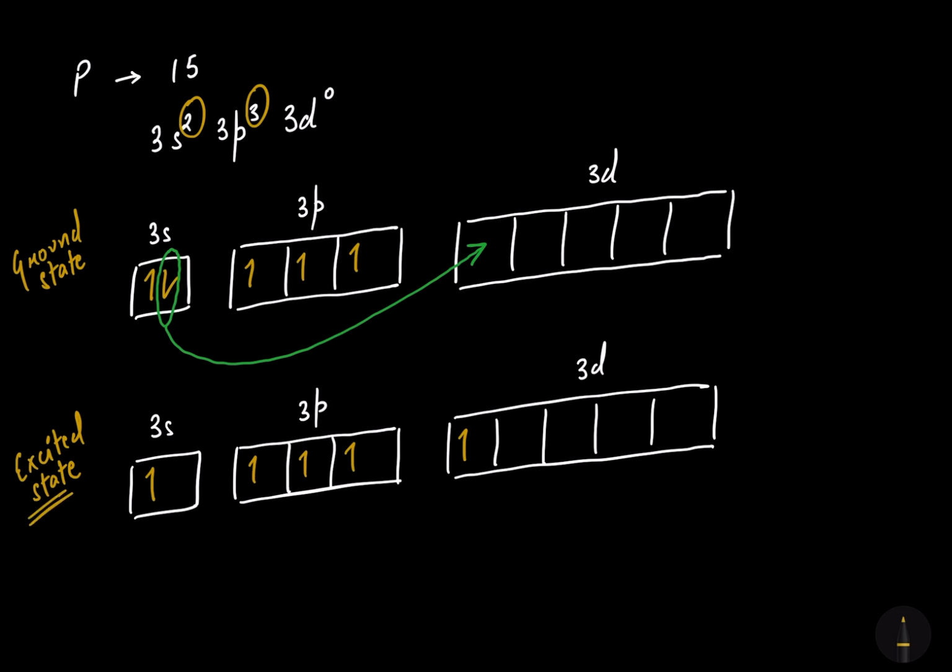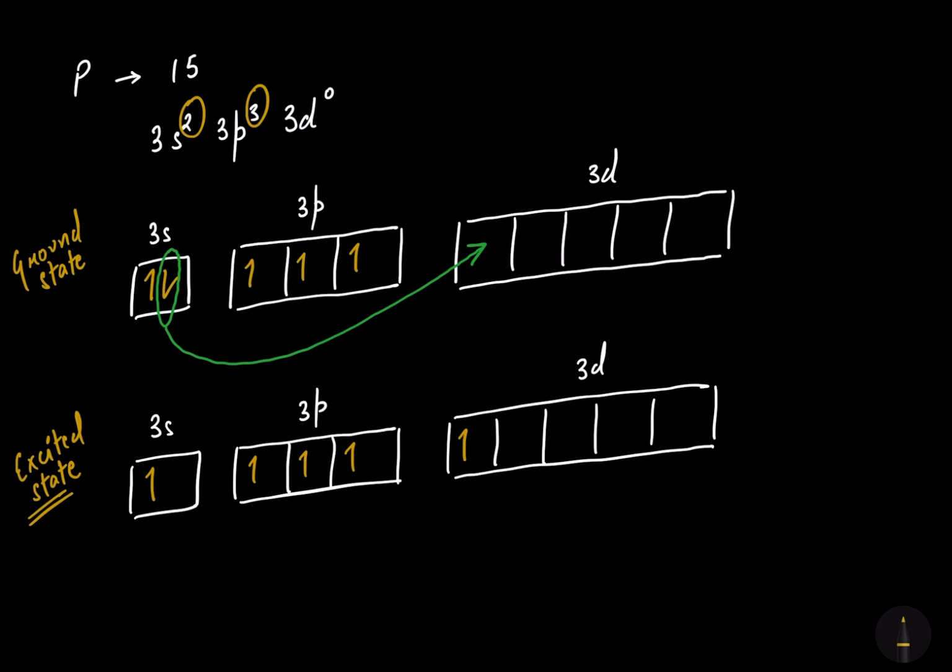Now you can easily observe that in case of phosphorus we got the 5 orbitals, the one in 3s, the 3 in 3p and the one in 3d. We got the 5 orbitals containing one electron each. So now phosphorus is eligible to overlap with the atomic orbitals of chlorine for the formation of sigma bonds.